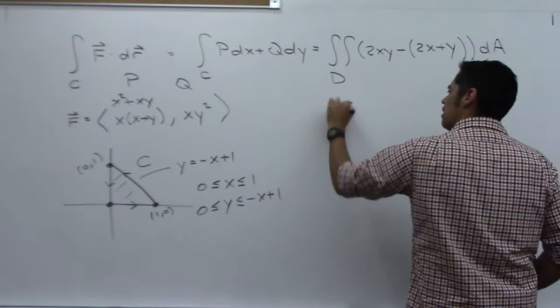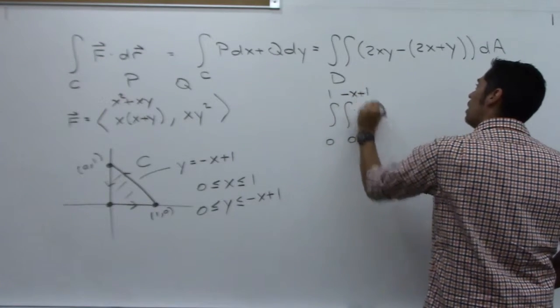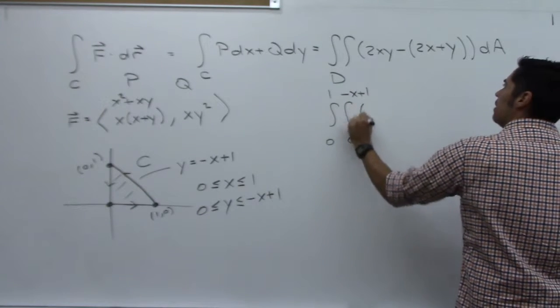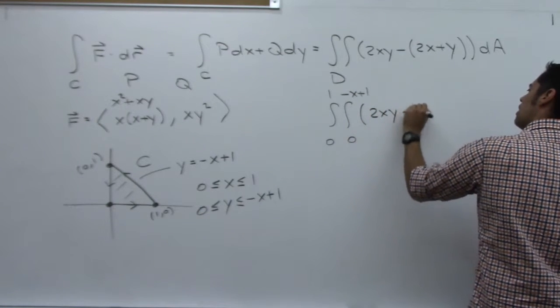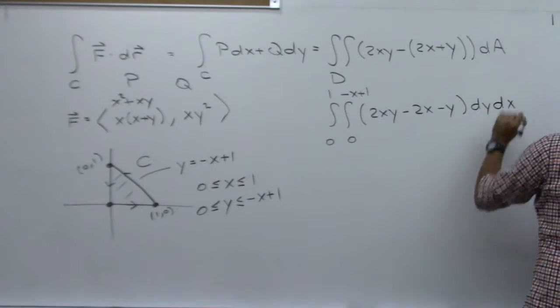So this is the integral from 0 to 1, from 0 to negative x plus 1, of 2xy minus 2x minus y dy dx.